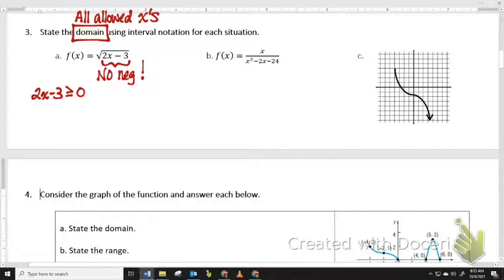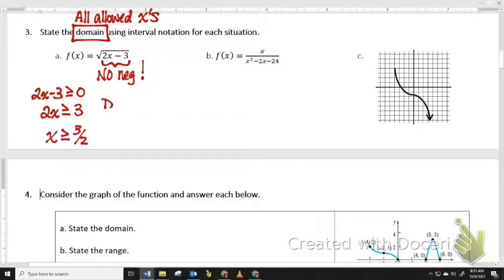Then I need to get the x all alone so that I know what values for x I'm allowed to use. So if I add 3 to both sides, 2x is greater than or equal to 3. So x has to be bigger than or equal to what? Oh, 1.5, 3 over 2.